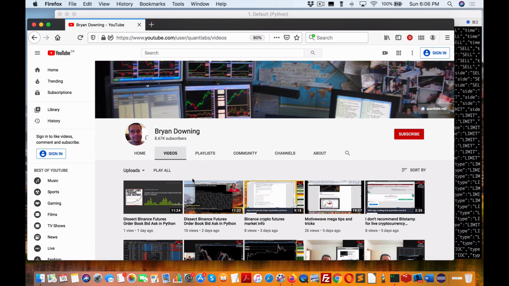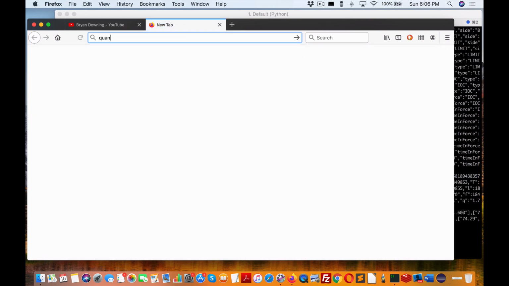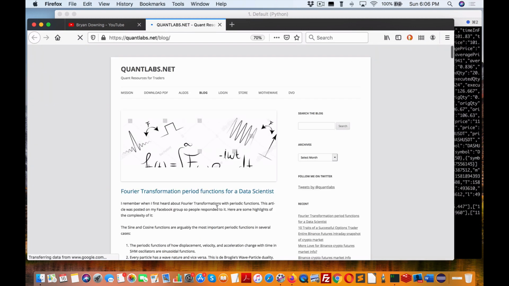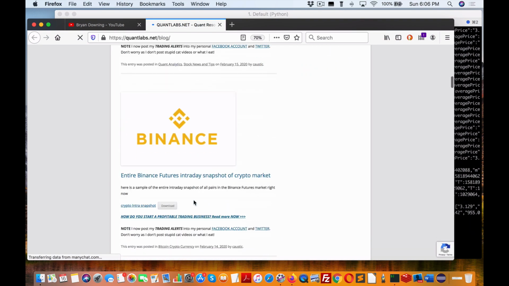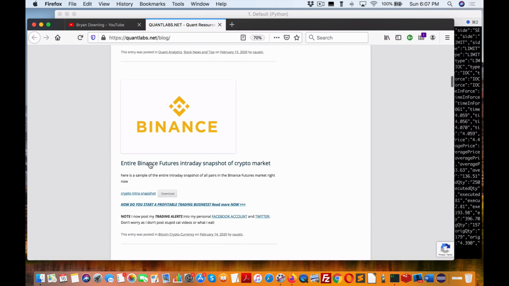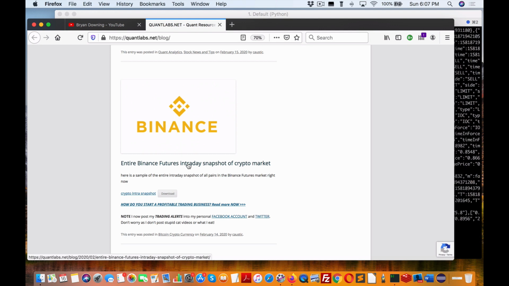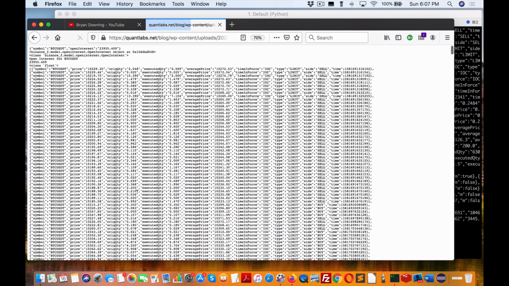You can get a copy of this if you go over to quantlabs.net/blog, and in there you'll find an XLS file you can try out, called entire Binance Futures intraday snapshot of crypto market. That file will give you exactly similar information to what I'm downloading here.